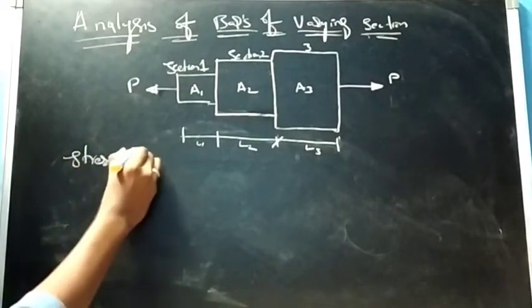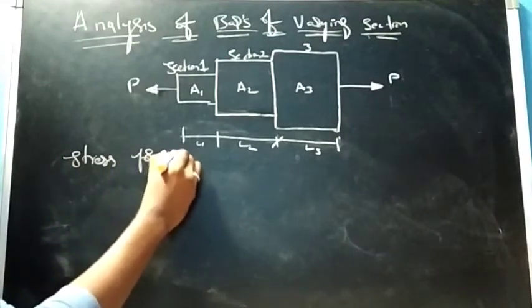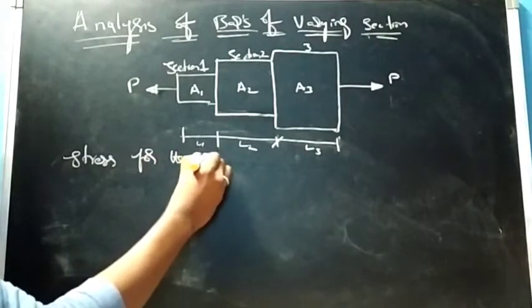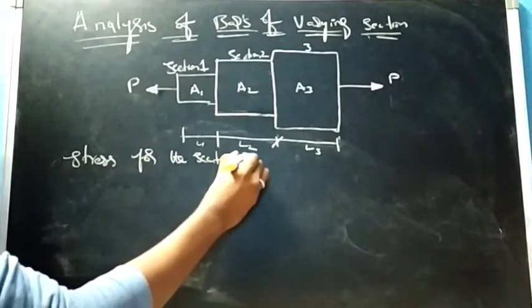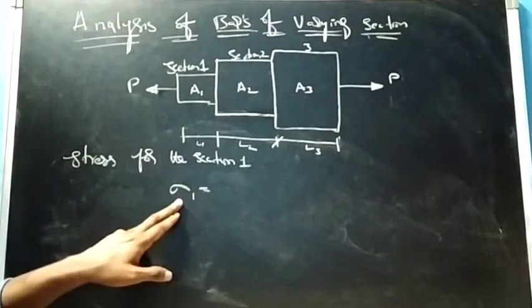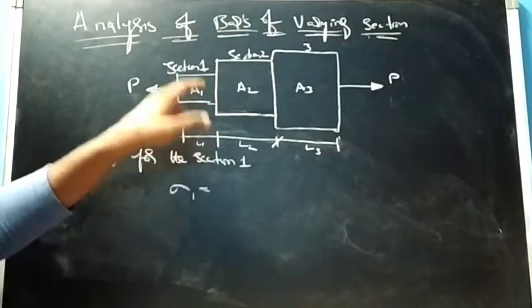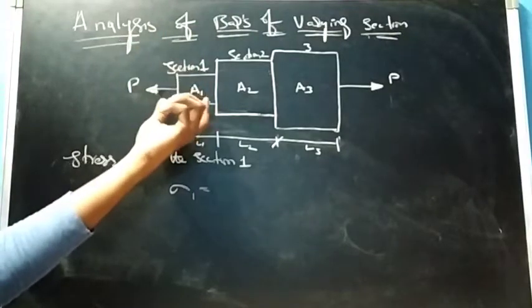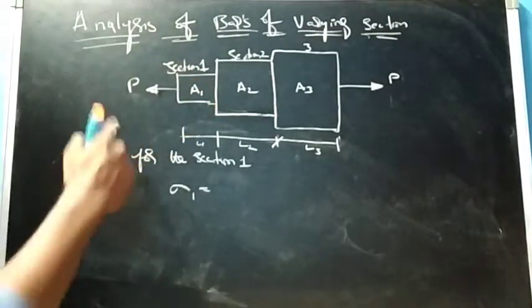Stress for section 1, right? That is sigma 1. Let us consider sigma 1 for stress obtained or produced in this area 1 or section 1.